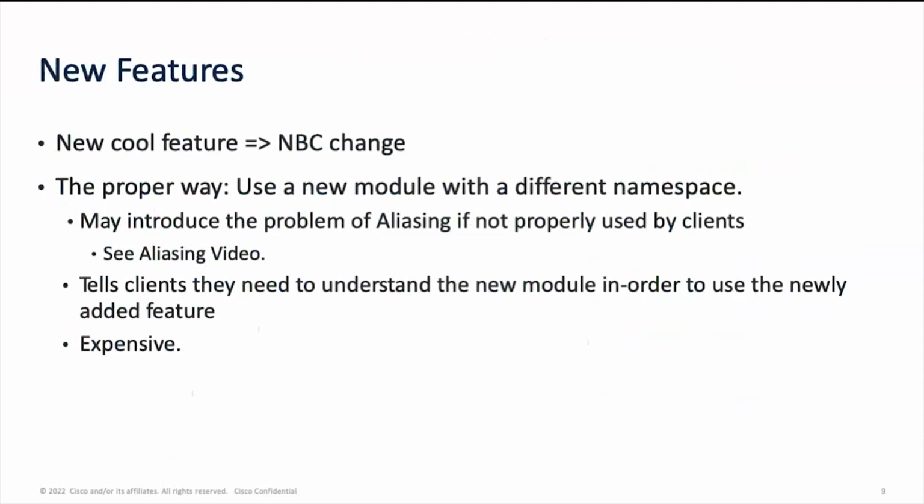The proper way when adding a new feature is to use a new module with a different namespace. This may introduce the problem of aliasing if not properly used by clients. There is an aliasing video that you can look at to understand the aliasing problem and how to solve it. It tells clients they need to understand the new module in order to use the newly added feature, and it can be expensive.